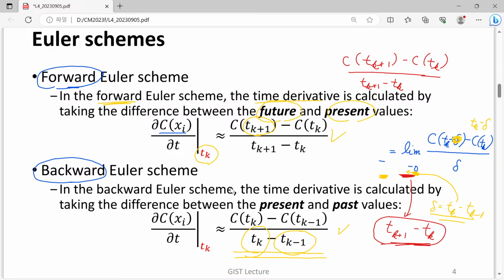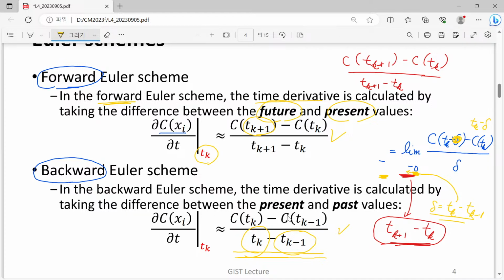And in the case of the backward Euler, on the other hand, the time derivative is calculated by taking the difference between the present and past values. Here, once again, present means t sub k and past is t sub k minus 1.